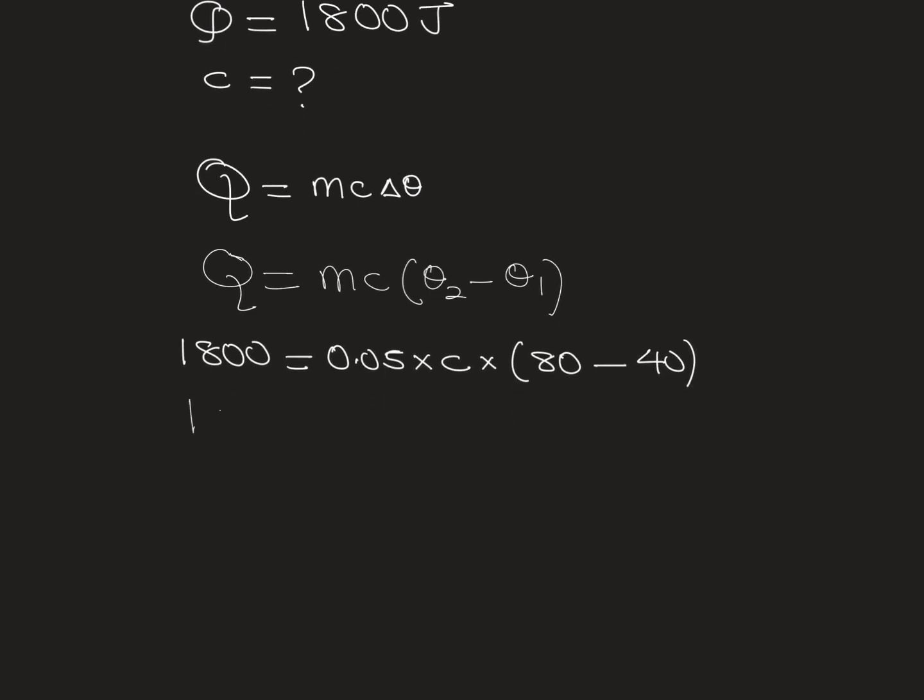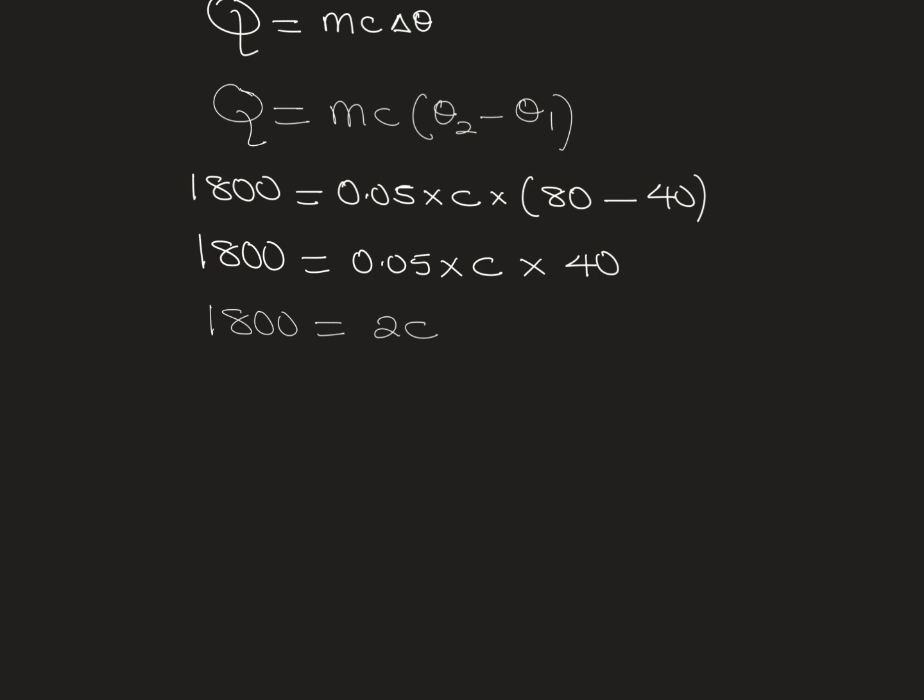So we'll have 1,800 is equal to 0.05 times C times 80 minus 40, which is 40. So that is 1,800 is equal to 0.05 times 40, which is 2. So that will be 2 times C, which is 2C.